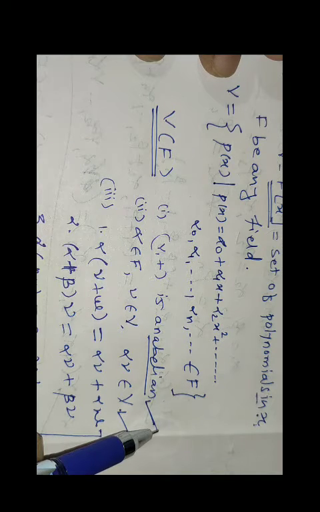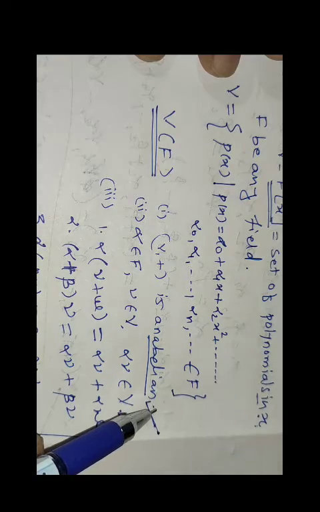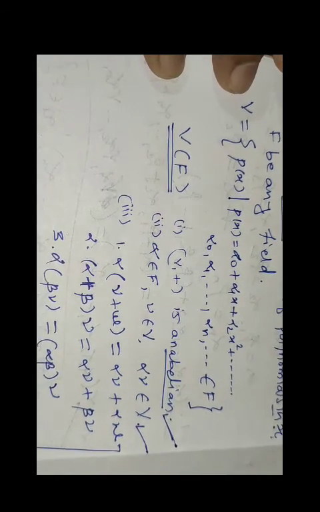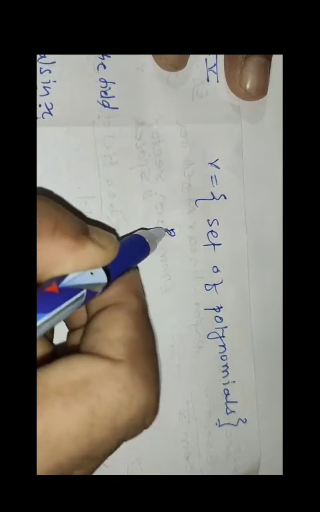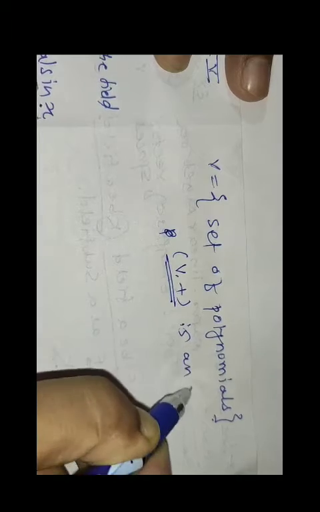Now see here, V is the set of polynomials. So we try to show that V plus is an abelian group.